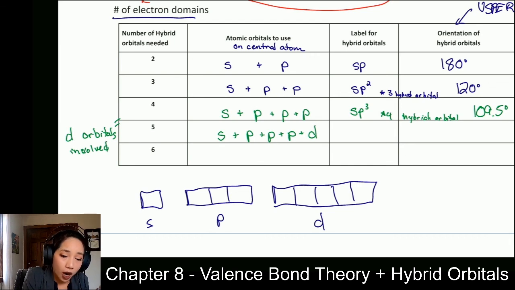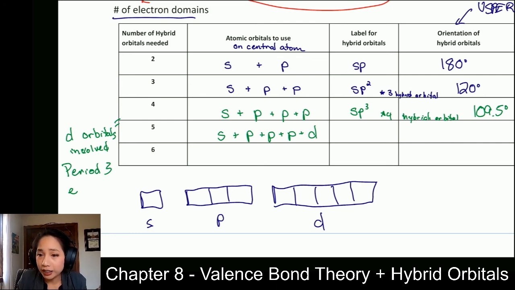So this is why period 3 and down are the only elements that can be hypervalent. Because once you're in an n equals 3 principal quantum number, then d orbitals are available, because the first set of d orbitals are 3d orbitals.